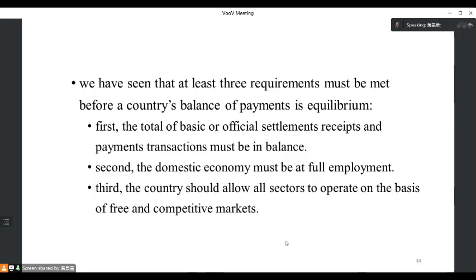This page tells us that if these 3 conditions are not met, even if this country has the 2 methods we have learned above, this country will not solve the problem of disequilibrium.